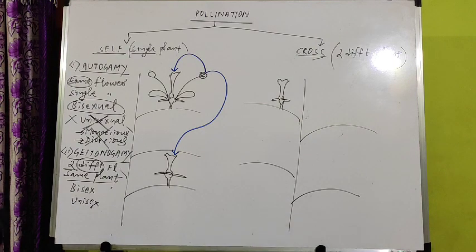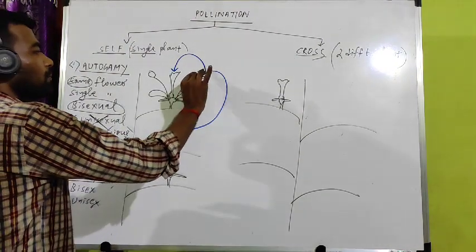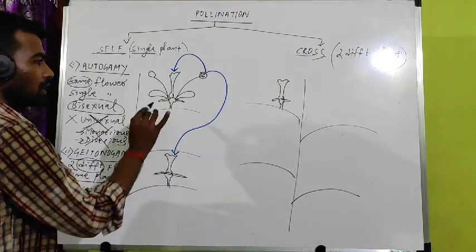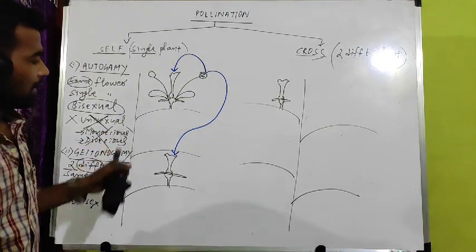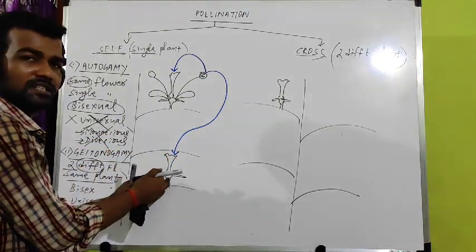First example, zetonogamy: transfer of pollen grain from anther to stigma of another flower. This is bisexual. Let us imagine another bisexual flower is present here.